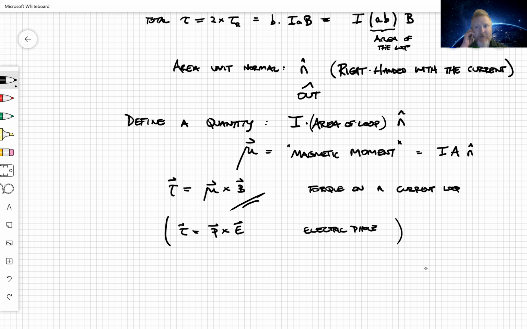And the answer essentially is yes. It looks basically the same type of thing. If you remember, it was the dot product of P and E. Well, the same thing would be true here, where we would look at the dot product of mu and B for the magnetic potential energy.